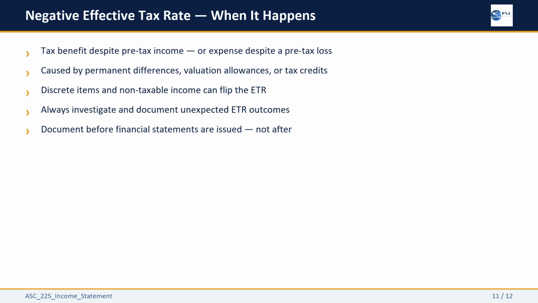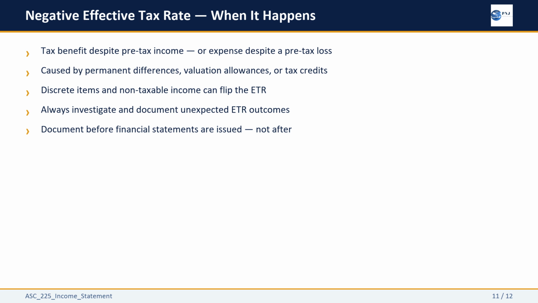A negative effective tax rate is not always a red flag, but it always requires explanation. It arises when a company records a tax benefit despite having pre-tax income, or records tax expense despite a pre-tax loss. The causes are real and legitimate: large tax credits, non-taxable income, release of valuation allowances, or discrete items like settlements of uncertain tax positions.